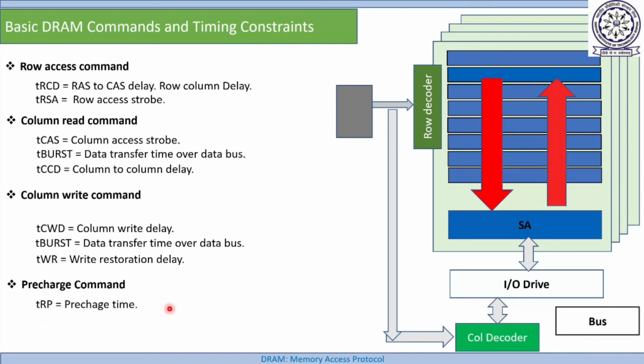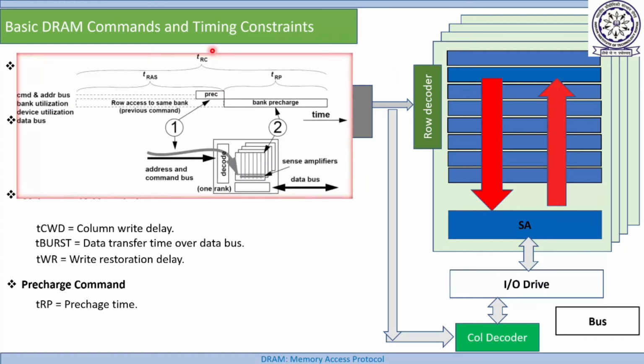Precharge time is the time from the issuing of a precharge command to the completion of the precharge, and it is shown here. First of all, the controller issues a precharge command at this time.